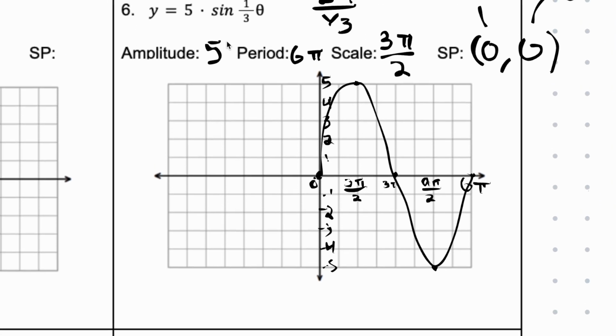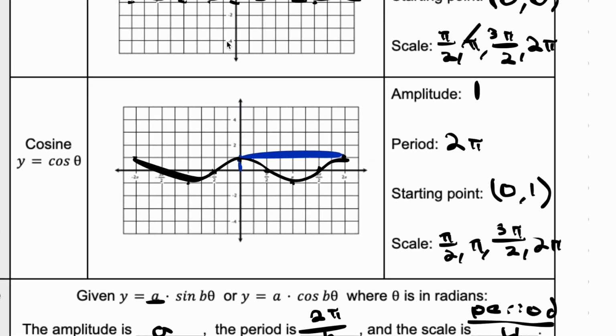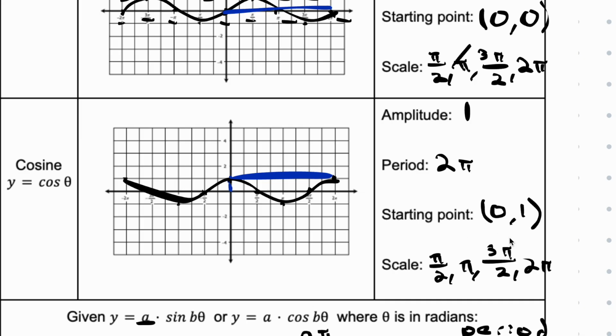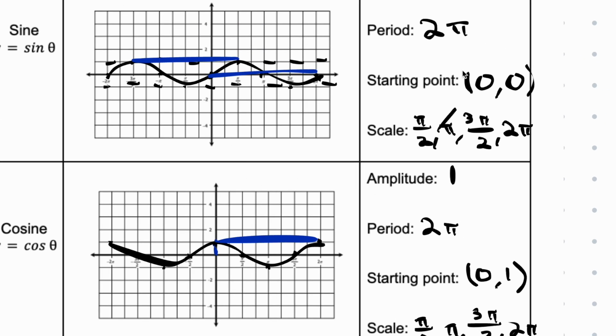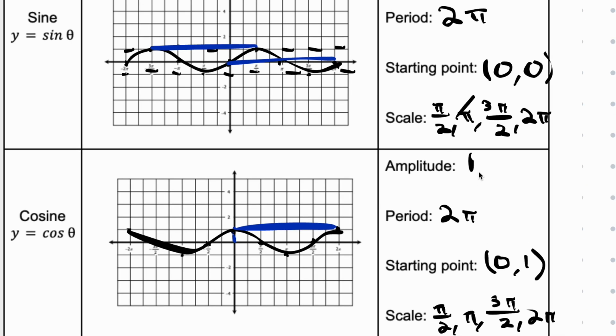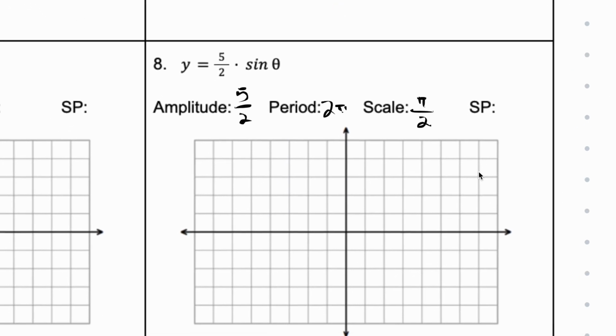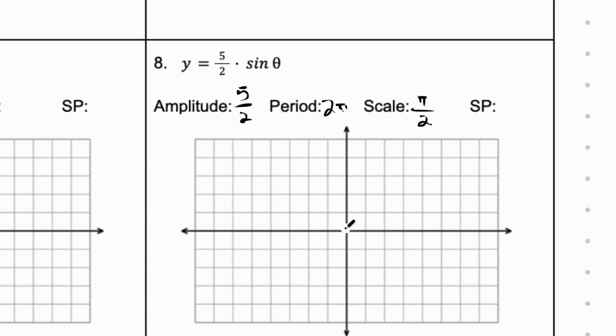Whereas with cosine, it's going to be 1. If we look up here, our starting point was 0, 1. Here, our starting point was 0, 0. So in this case, our starting point is going to be 0, 0.